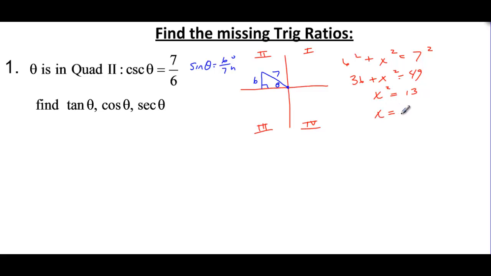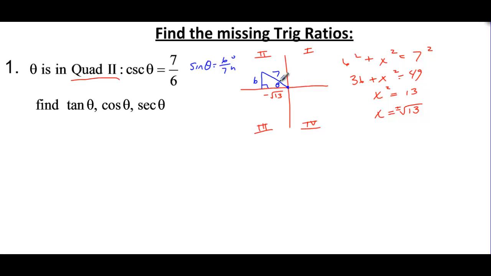So x equals the square root of 13. Now normally we would write plus or minus, but because I'm just dealing in this quadrant, I actually know that I don't need the positive and the negative. Because this is in quadrant 2, I know my x is negative, so this must actually be the negative square root of 13. This is a time where we actually disregard the positive answer, and we only keep the negative. And that's the clue with being in quadrant 2.